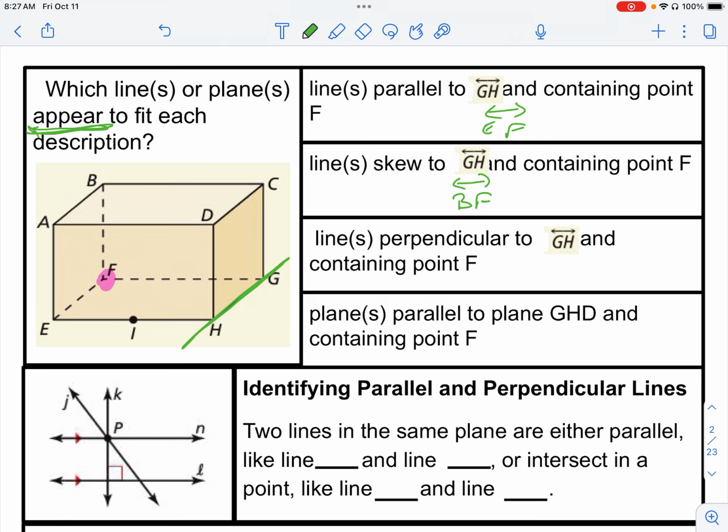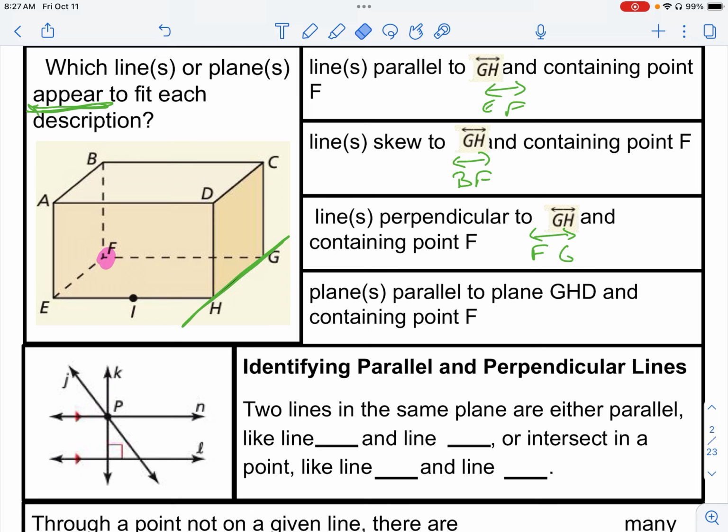So we can look and we can kind of guess. So that is going to be this one right here, line FG. And when you're solving these, you always want to include the point in your answer, because then you know you got it right and the person grading it knows that you know.